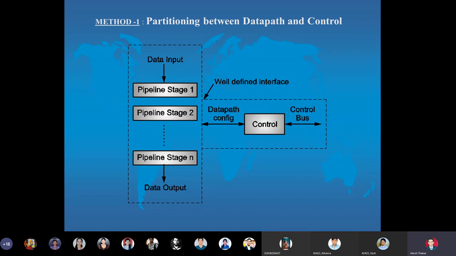Got the point? So the control bus or control structures is responsible for configuring the data paths in a very efficient way, so that the total latency of the system is minimized and the system's throughput is raised. So data path and control structures work hand in hand in order to minimize the latency and increase the throughput of the system.